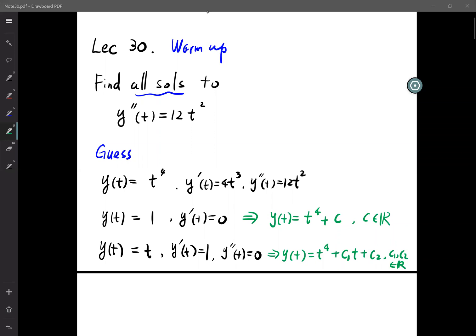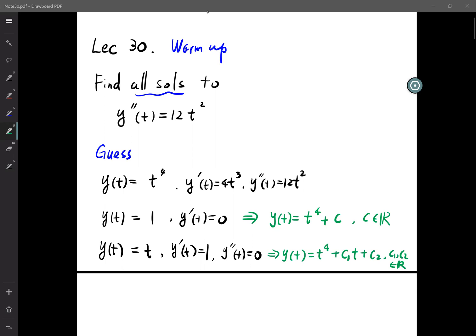Who thinks that these really include all the solutions? Okay, so now most of you really think this includes all the solutions.